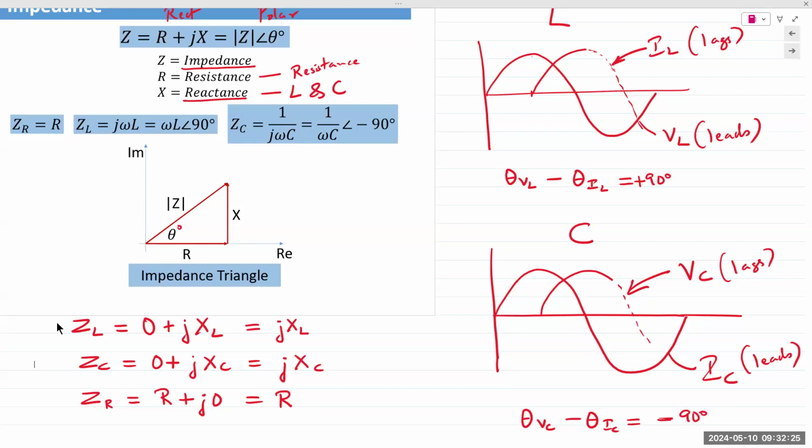Why? Because any kind of speaker has a coil, which is an inductor, around a magnet. It has reactance. It has impedance. It will not say reactance. It will simply state impedance.